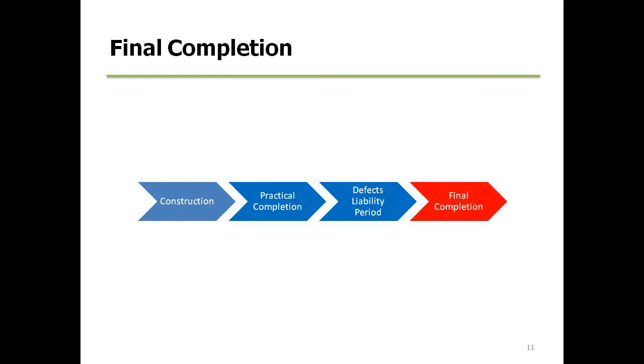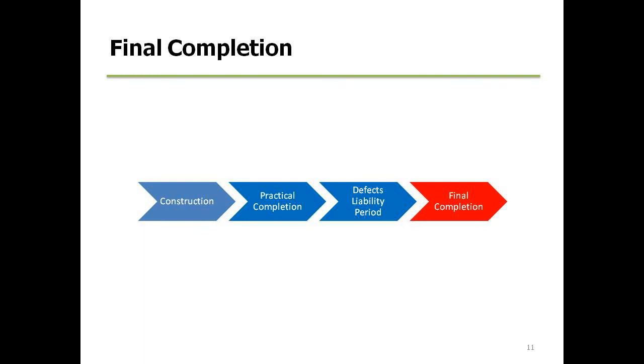So the slides moved on to final completion. Now, if we consider final completion, as I said earlier, that's the end of the defects period. So it's 12 months after the building's been occupied. Usually, that can sometimes be delayed due to defects, and if that's the case, there are other commercial changes that need to be considered in the final account possibly as well.